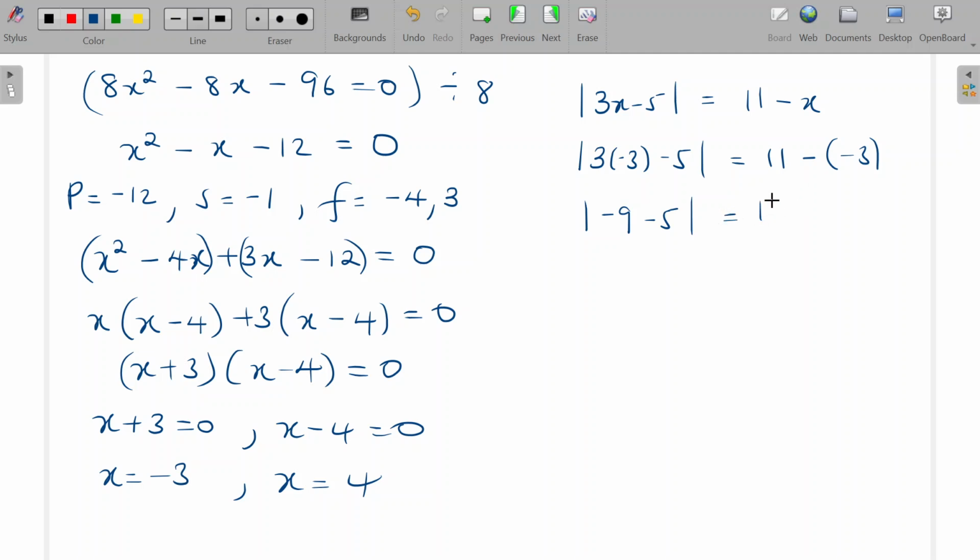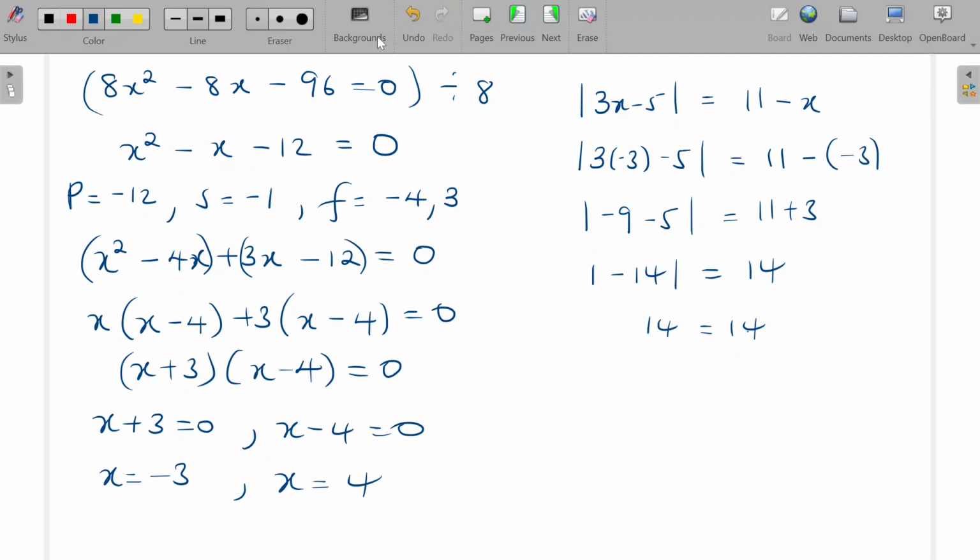Then this side is going to give me 11 plus 3, which is 14. Then here I'll have the absolute value of negative 14, it is 14, is equals to 14. So negative 3 is a solution. Okay, are we together? Yes, sir. Yes, so this one is a solution.